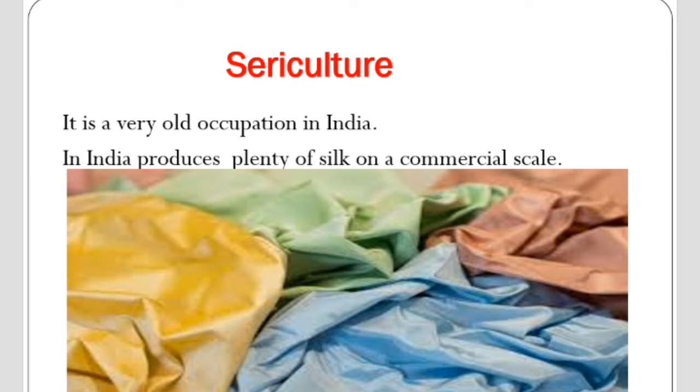In India, women are significantly involved in various kinds of industries related to silk production, and these are rearing of silkworms, reeling of cocoons, and processing of raw silk into fabric. Okay.